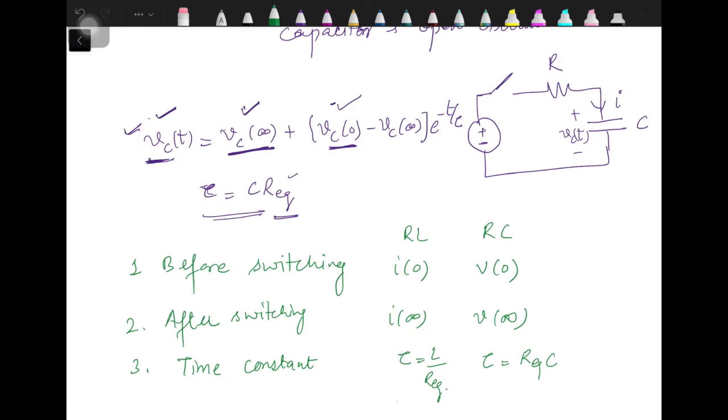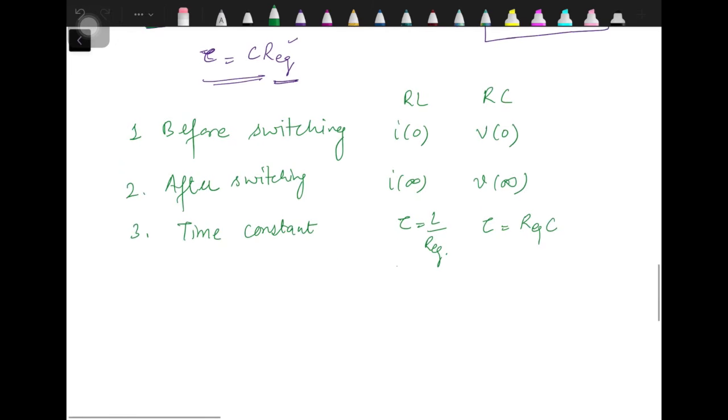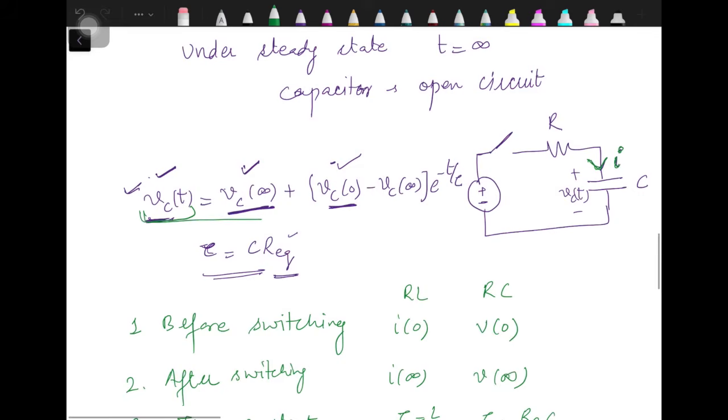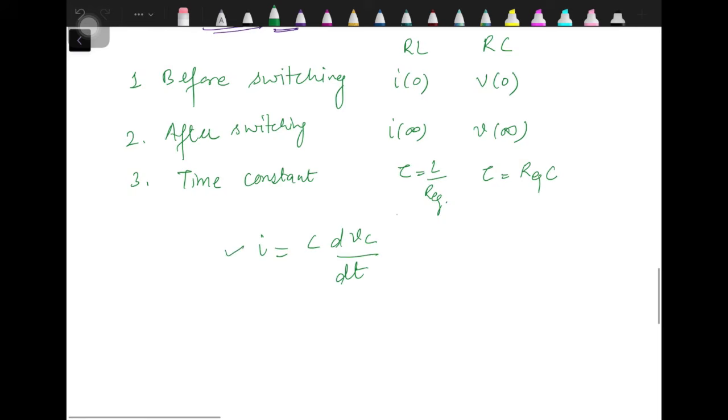One thing more, now if we want to find out the current through the capacitor in terms of time, then we can use the expression of Vc, since the current through the capacitor can be calculated as C dVc by dt. If the question is in case of an RC circuit, we have to obtain the expression for current through the capacitor, then firstly we need to find out the value of voltage across the capacitor, and then we can use it in this equation to obtain the current through the capacitor.